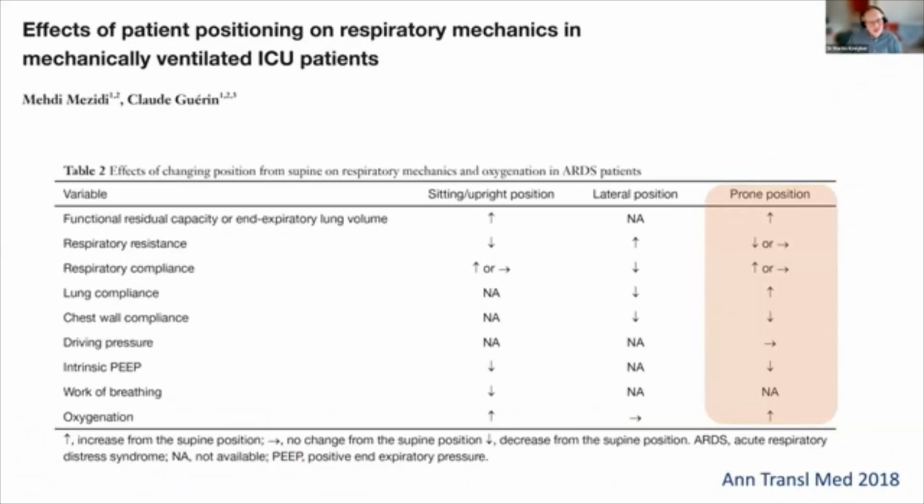And there are many other effects. If you look at the effects of prone patient positioning on respiratory mechanics in ventilated ICU patients, you would see that your end-expiratory lung volume increases, your resistance will drop or stay the same, your respiratory compliance will improve or stay the same, and that's mainly because the lung compliance improves, because the chest wall compliance, and that of course makes sense, drops because you flip the patient.